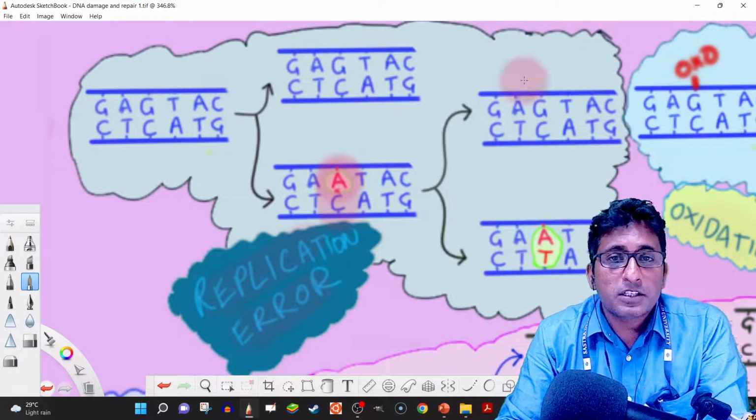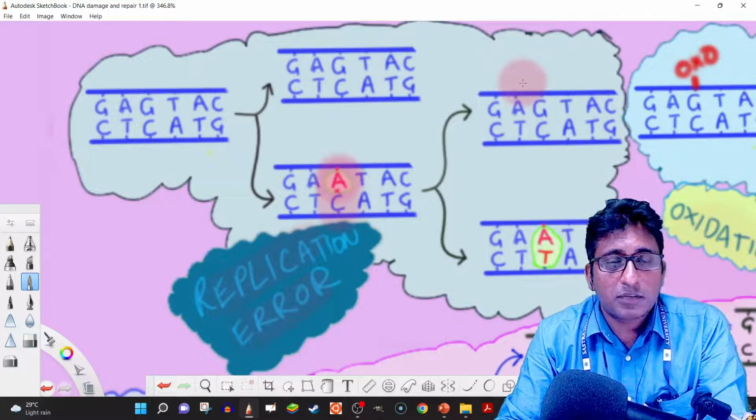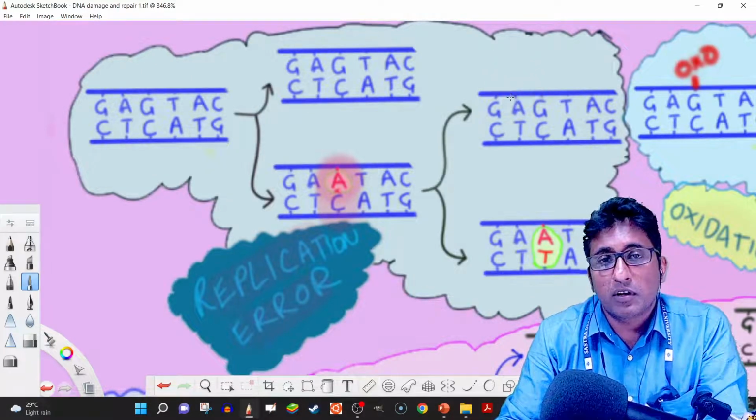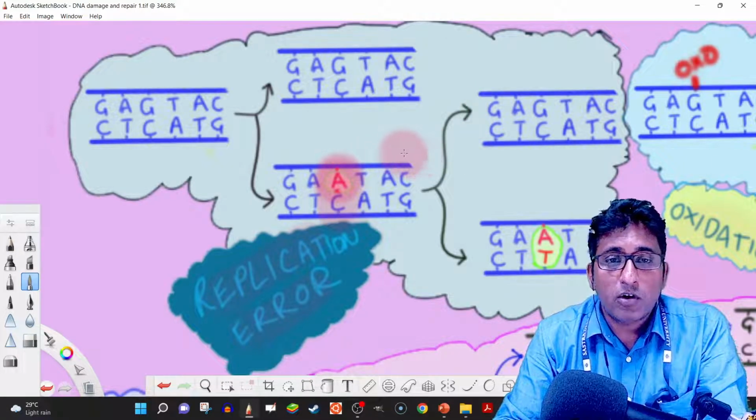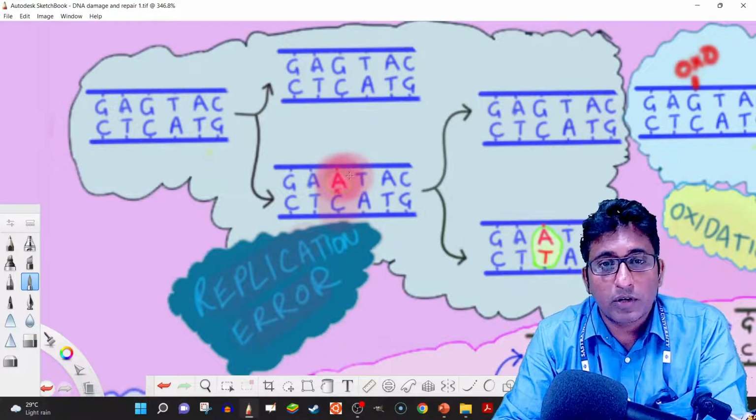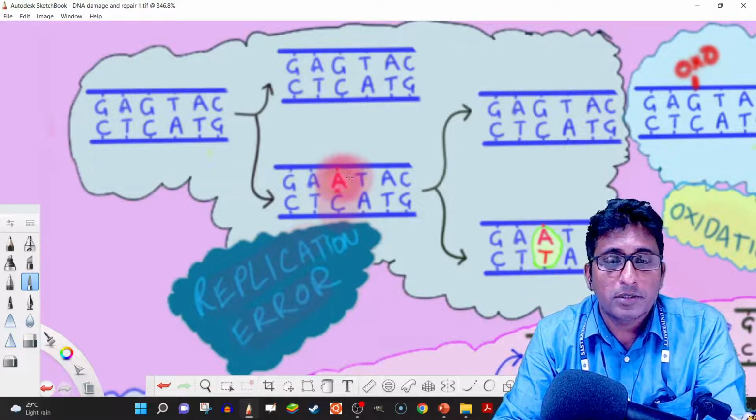And this mismatch, if it is not detected by the repair systems and one of the bases removed, or the adenine is not removed, here in this case adenine is wrongly added where guanine should have been added by DNA polymerase, and so we have a mismatch.